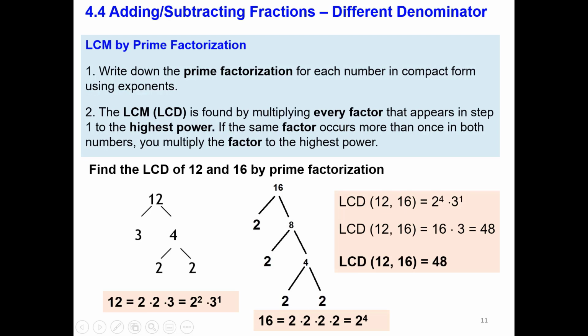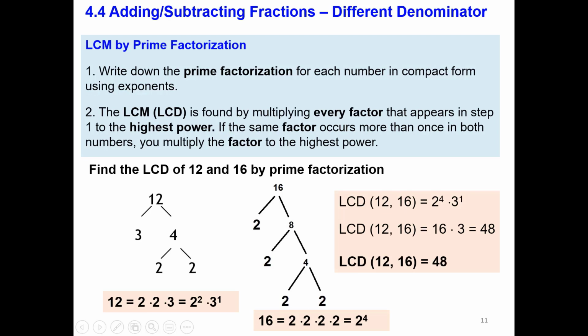For example, if we want to find the LCD of 12 and 16 by prime factorization, step number 1 is we need to find all the prime factors. And we can use the tree method. Then 12, we can write as 3 times 4.